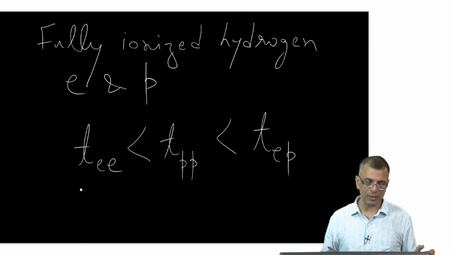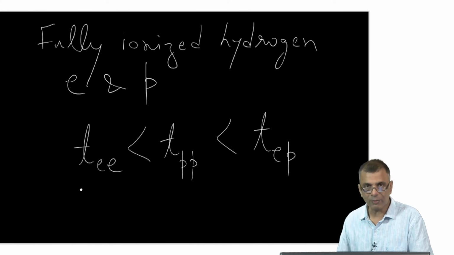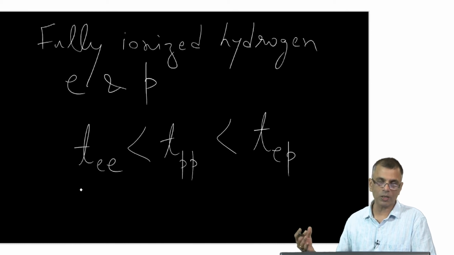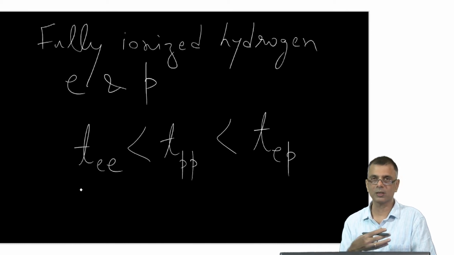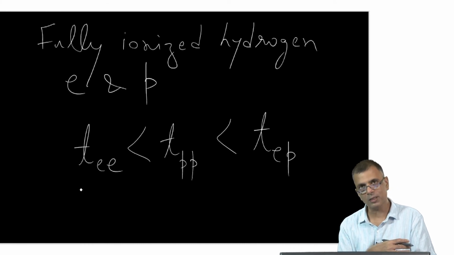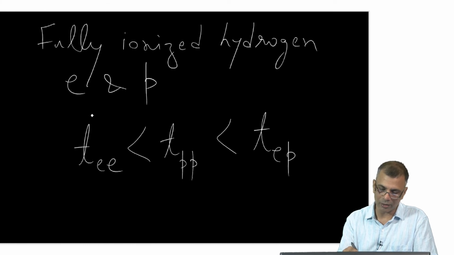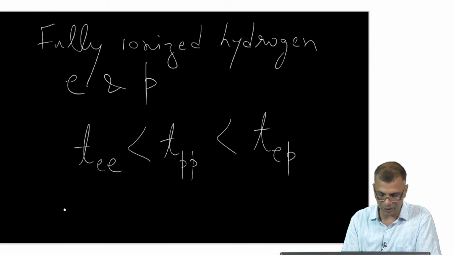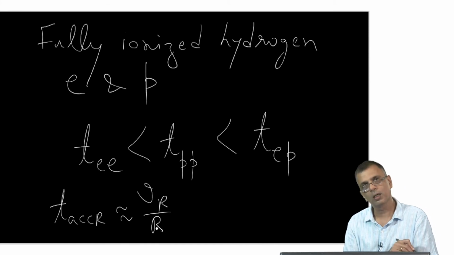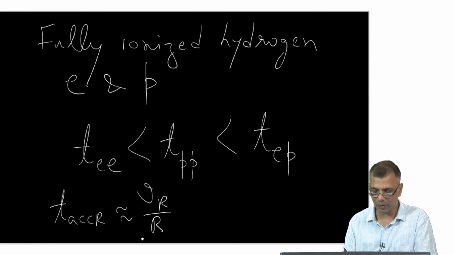The reason I'm hinting at this is because sometimes there is enough time during the accretion process. Remember, the accretion process is one where matter is swept in radially. During the accretion process, there is enough time for electrons and electrons to equilibrate. So there would be a t_accretion, which is given by some kind of V_R over R, the radial velocity divided by the local radius.